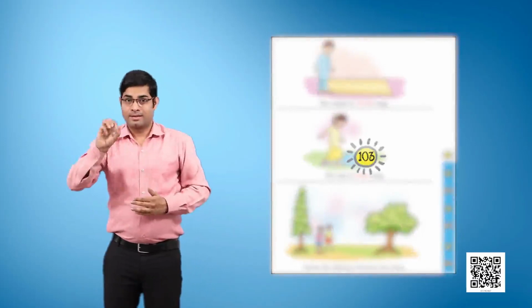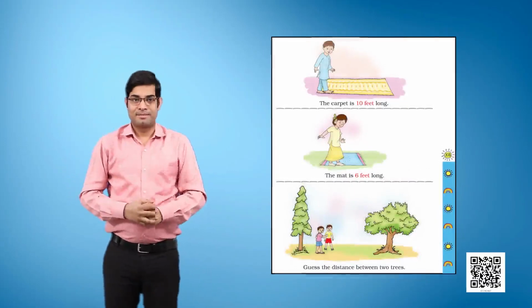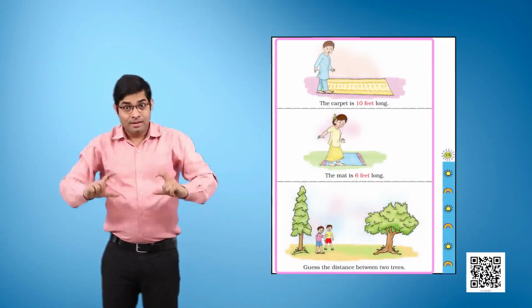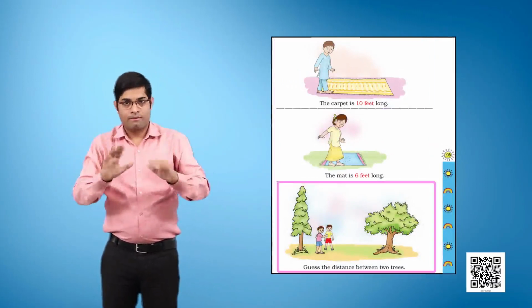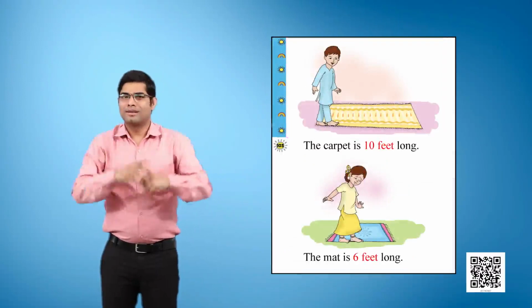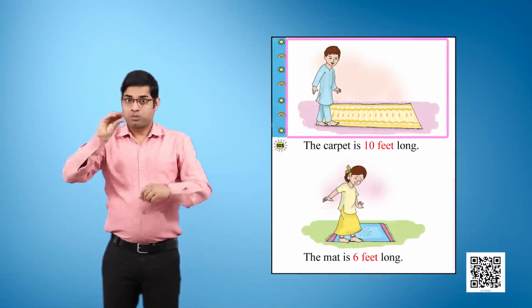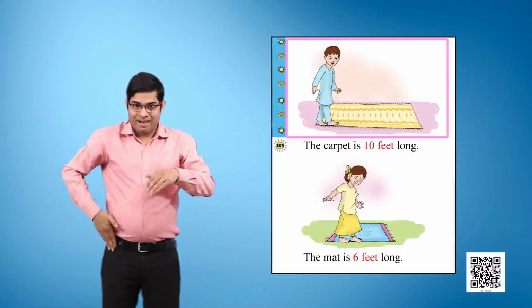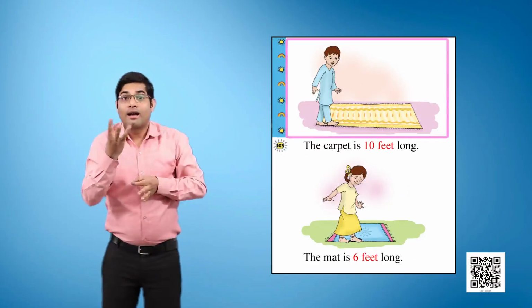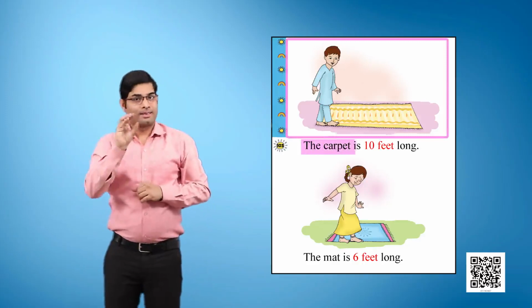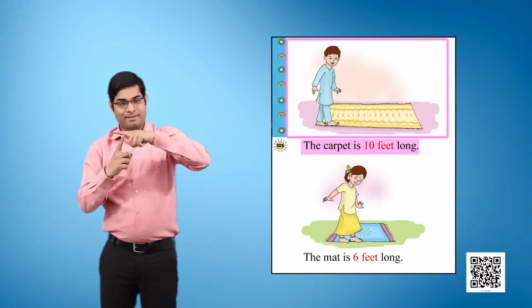Page 103. This page is divided into 3 parts. Each part has a picture. Part 1 picture shows a boy measuring the carpet with his feet. The carpet is 10 feet long.